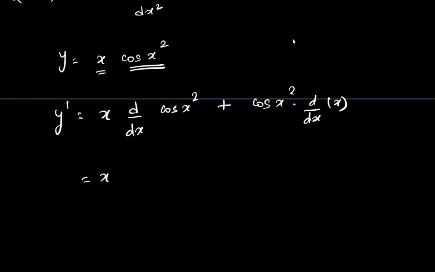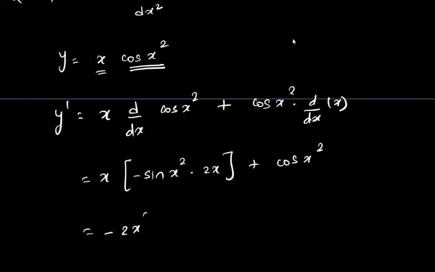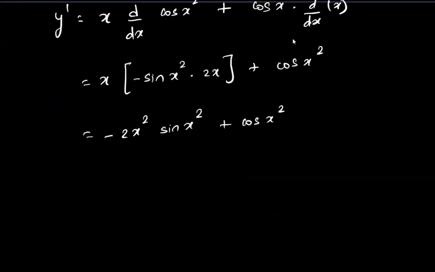Now here, remember, the square is only on the x, it's not on the cosine. So the outer function is cosine, inner function is x squared. So the derivative will be negative sine x squared times 2x, okay, plus cosine x squared. That's what you have. So if you do this, it will be negative 2x squared sine x squared plus cosine x squared. That's what you have as the first derivative.